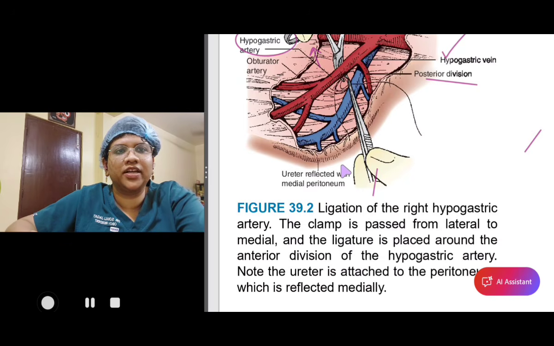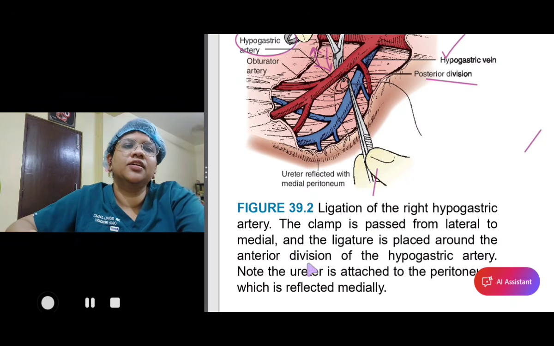This is the hypogastric artery, and you are passing the clamp from lateral to medial.